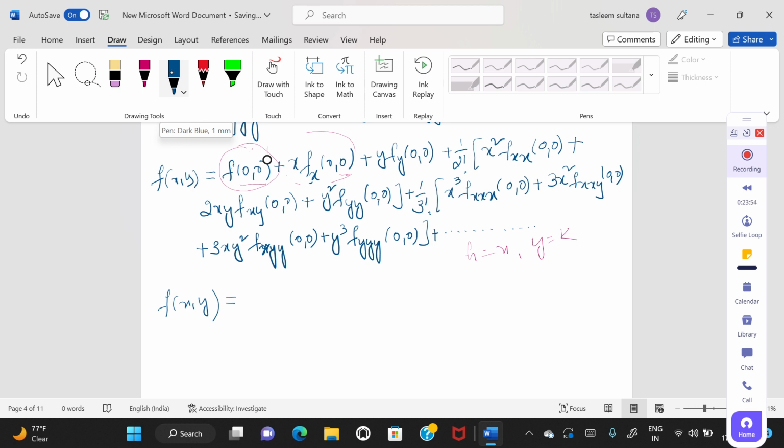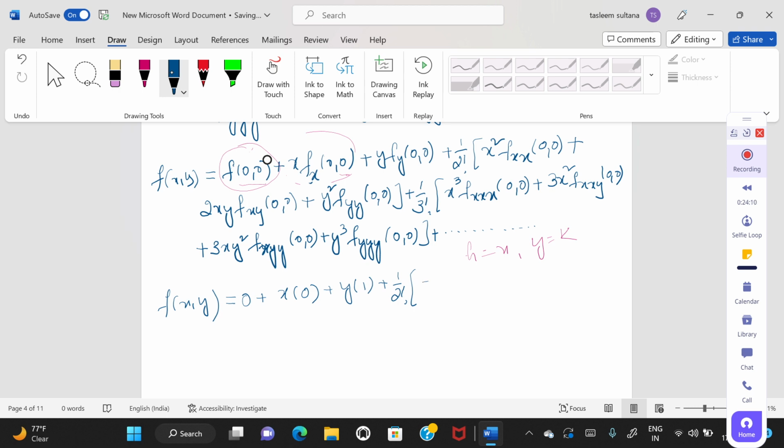This is equal to 0, then plus x into 0, then plus y into 1, plus 1 by 2 factorial of, what value we got of x suffix x into x?